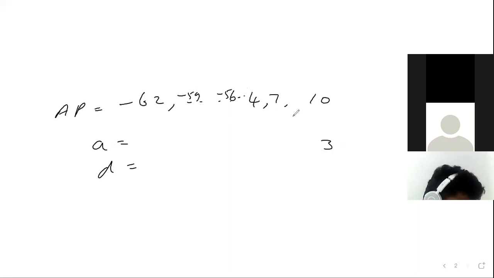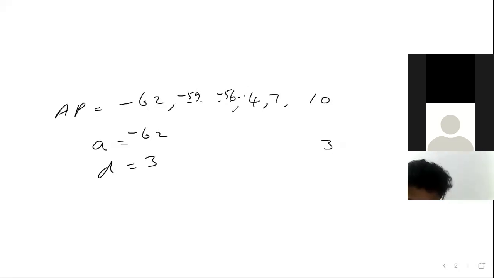I am explaining only. Here we know d is 3. The first term is minus 62 and d is 3. Don't take minus 3, because I changed the order. My first term is minus 62. I change the question to find the 11th term from the first term, here. This is the AP. Instead of from 10, the 11th term from minus 62.